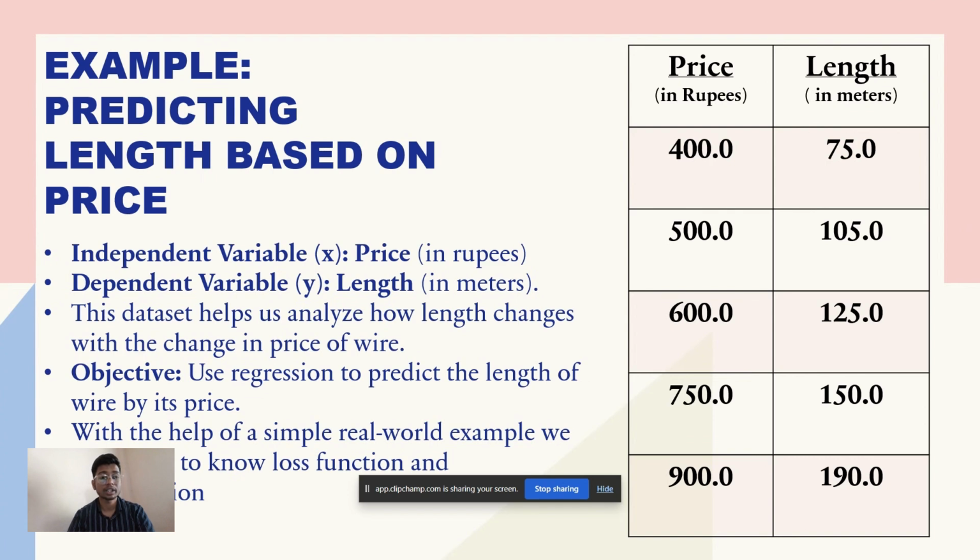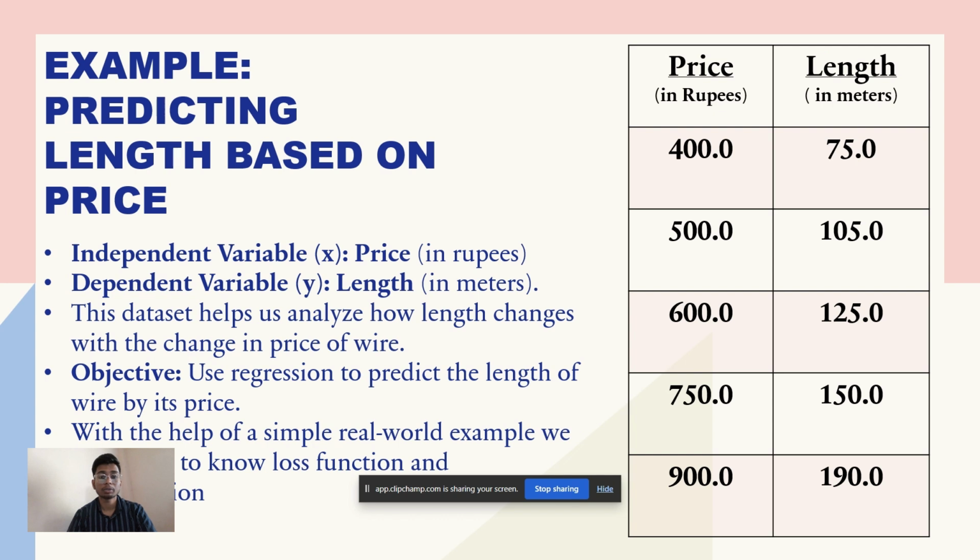So now let's understand the concept with an example based on predicting length based on price. Here we have taken two variables, one independent variable x, which is price in rupees, and the second, a dependent variable y, which denotes length in meters.